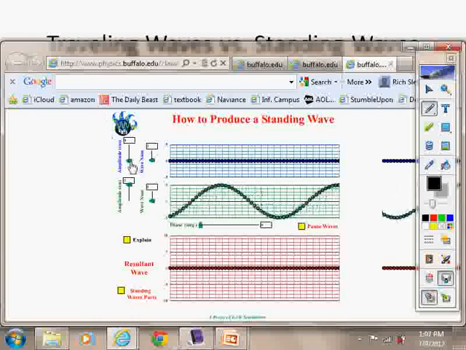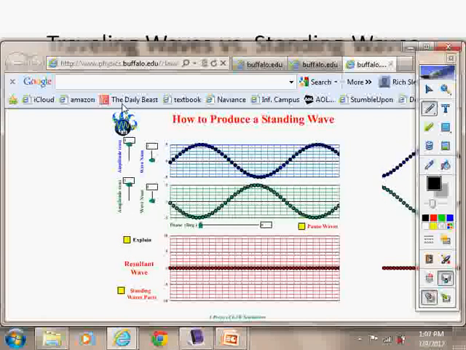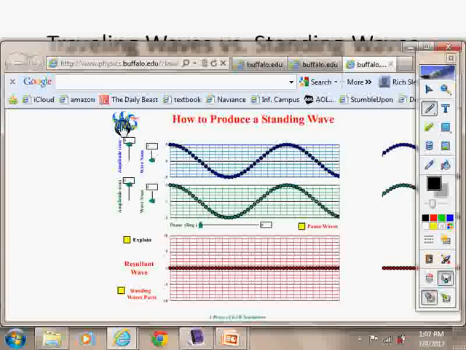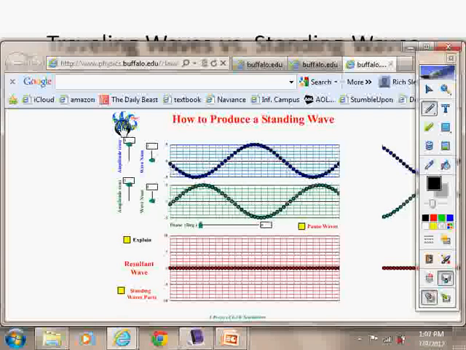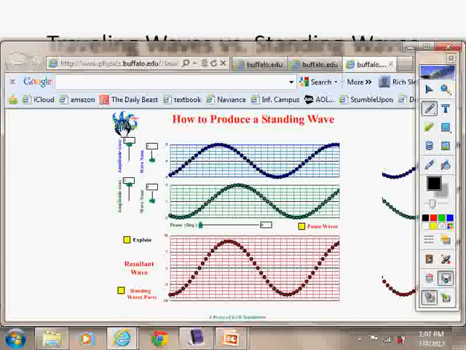So if I turn the other wave back on, and then I turn on the superpositioning, the resultant wave, if those two waves were passing through each other, sharing the same space at the same time, that is the wave that you would get.